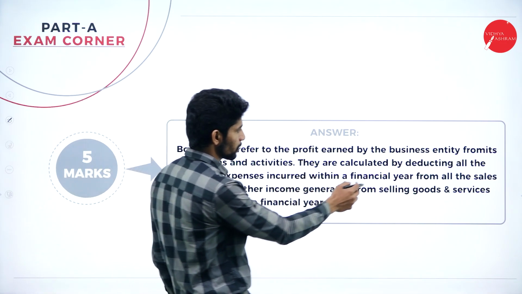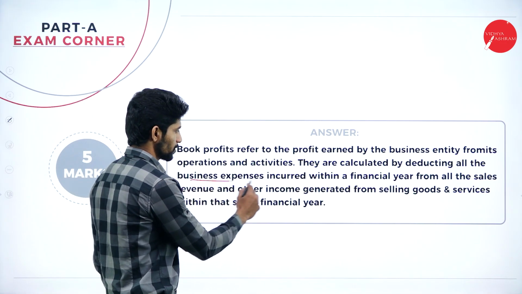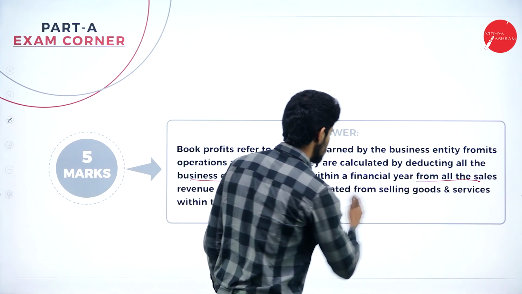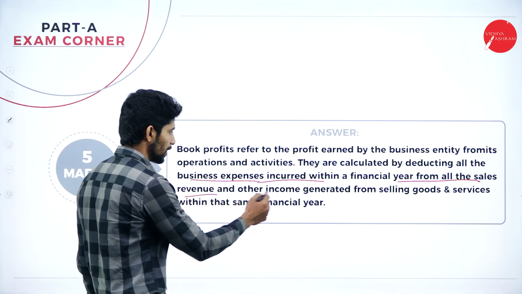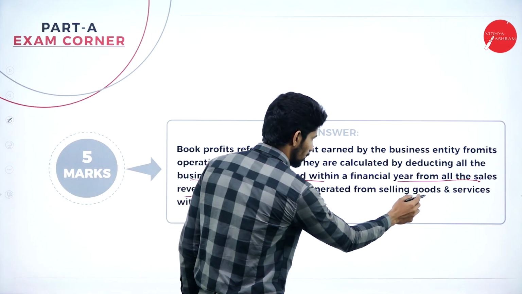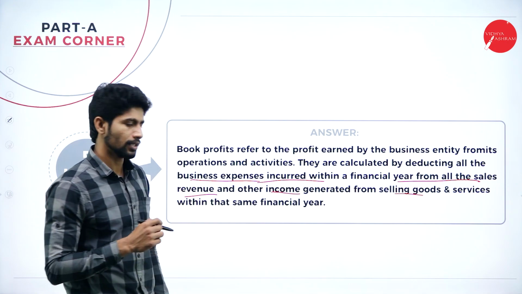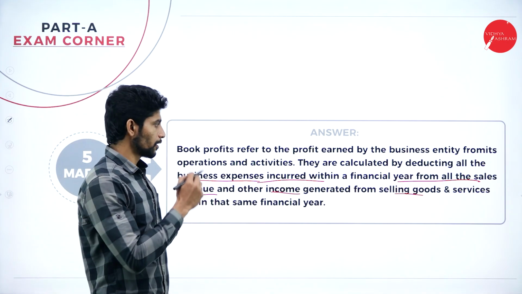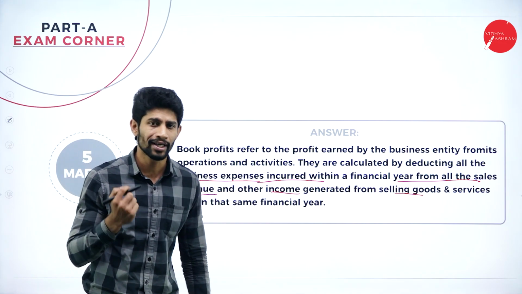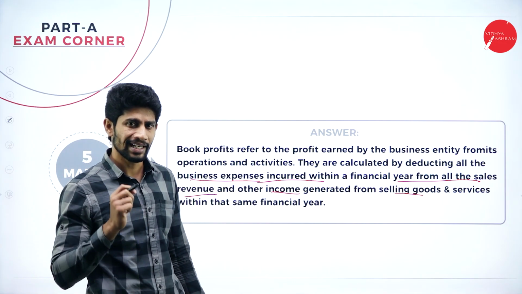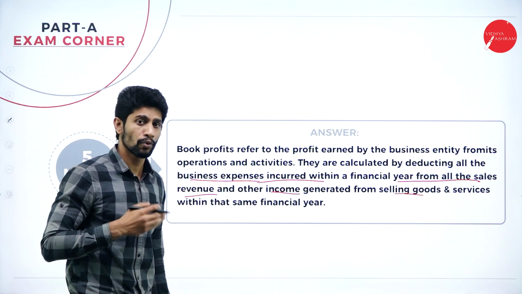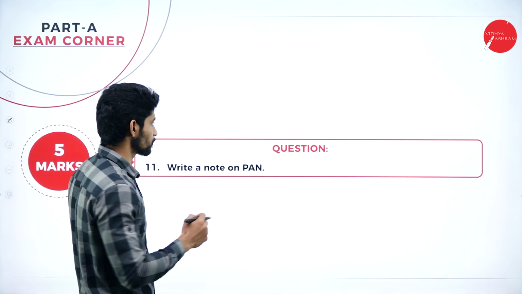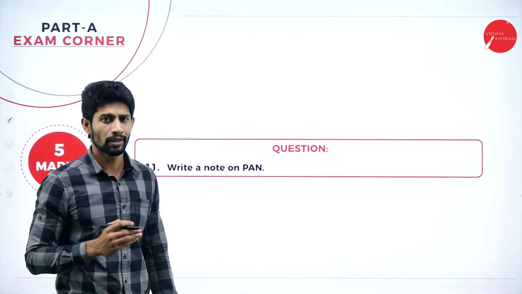It is calculated by deducting all the business expenses incurred within the financial year from all the sales, revenue and other income generated from selling goods and services within that financial year. So this is called book profit. If you know the meaning and how to give an example with respect to book profit, you can easily score 5 marks, and there are more chances of this question being asked for 5 marks in your main exam.